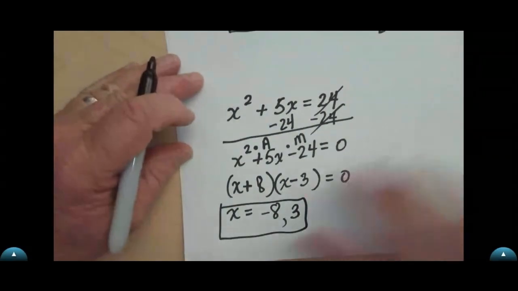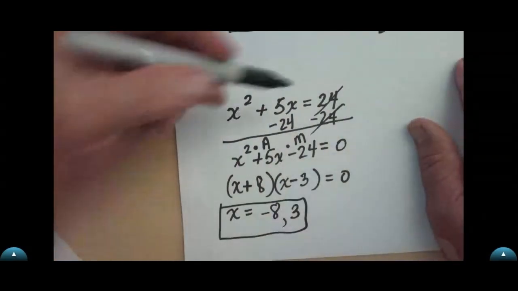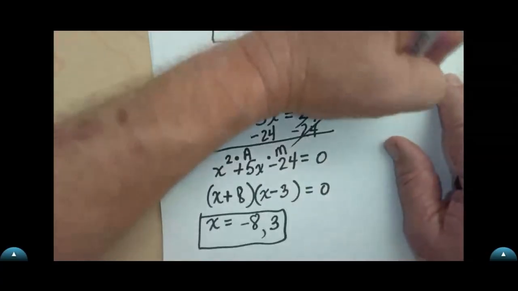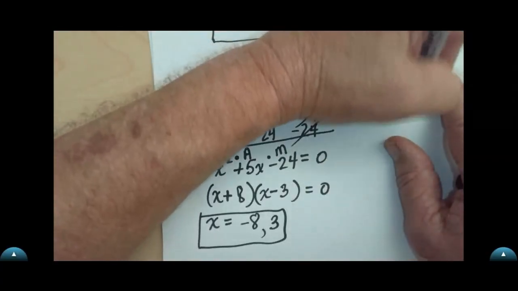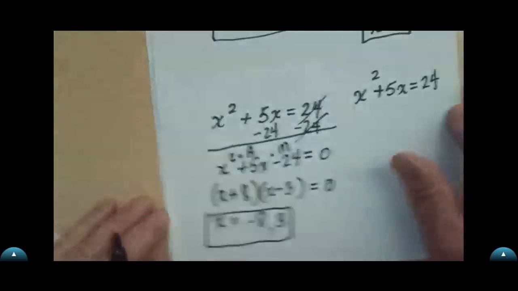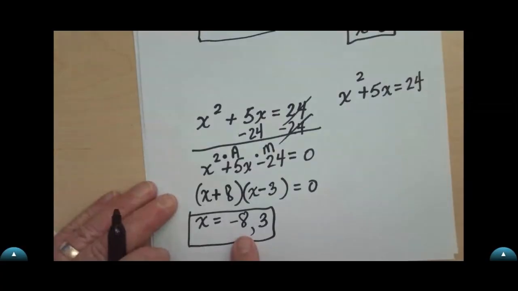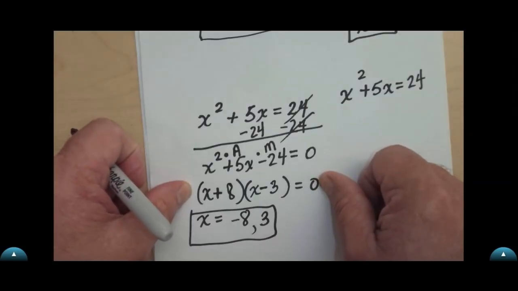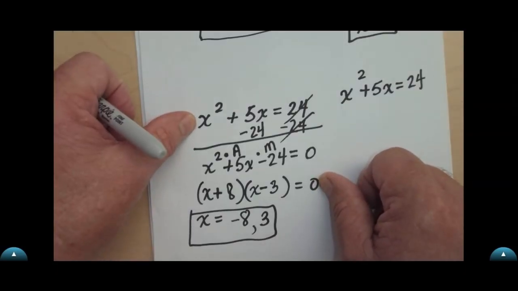By the way, if we go back to the original equation, even before I set it equal to 0, it was x squared plus 5x equals 24. And remember, when we say the solution set is the numbers negative 8 and positive 3, we're claiming that each of these numbers makes not just this statement true, but this original statement true, right?